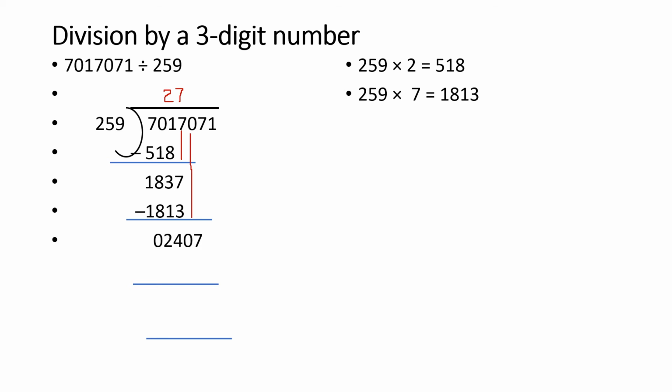But what we can see when we write down 0 here, it is 250. 250 is less than 259. That's why we will put 0 here and we will write down one more digit, that is 7. Now it is greater than 259. Again we will ask the same question, how many 250s can be fit?